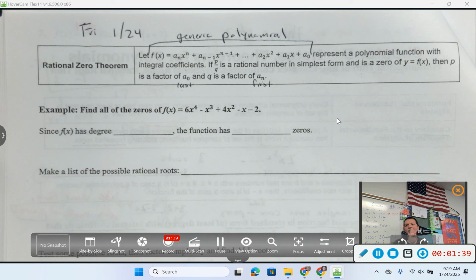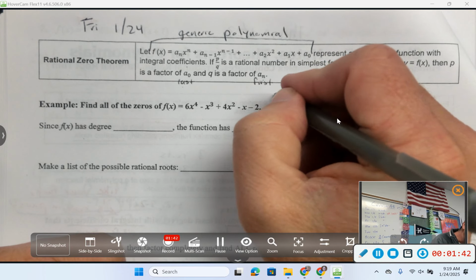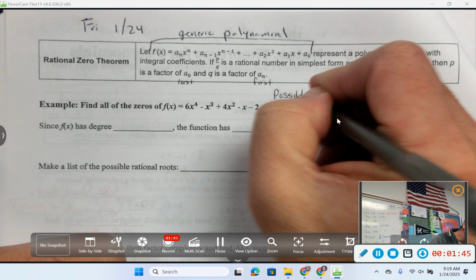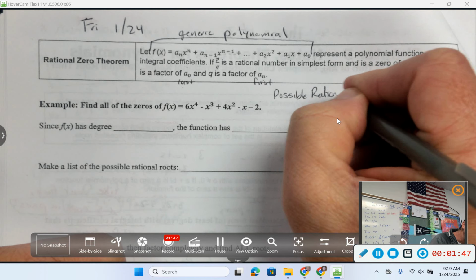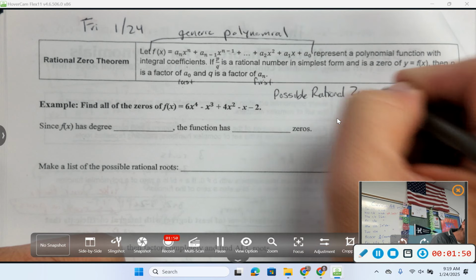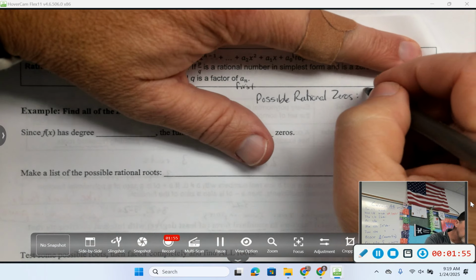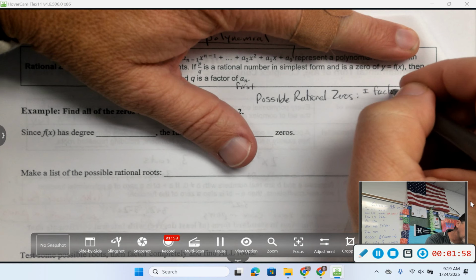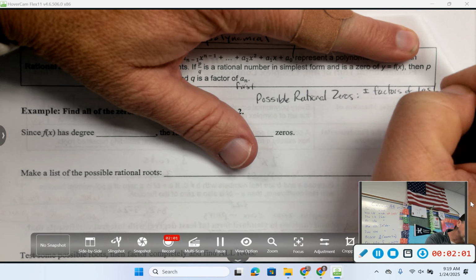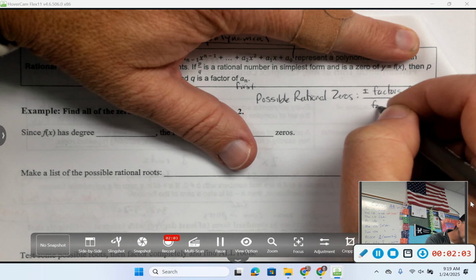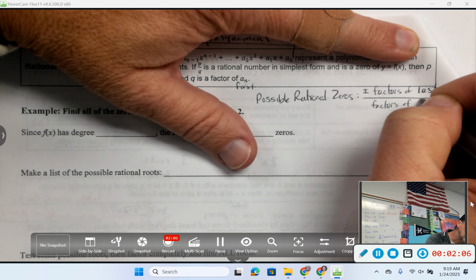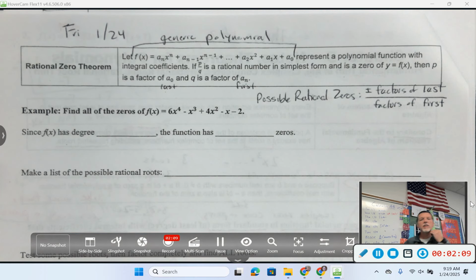All right, this is a very complicated way of saying that our possible rational zeros are plus or minus factors of the last coefficient over factors of the first coefficient. Possible rational zeros, factors of last over factors of first.